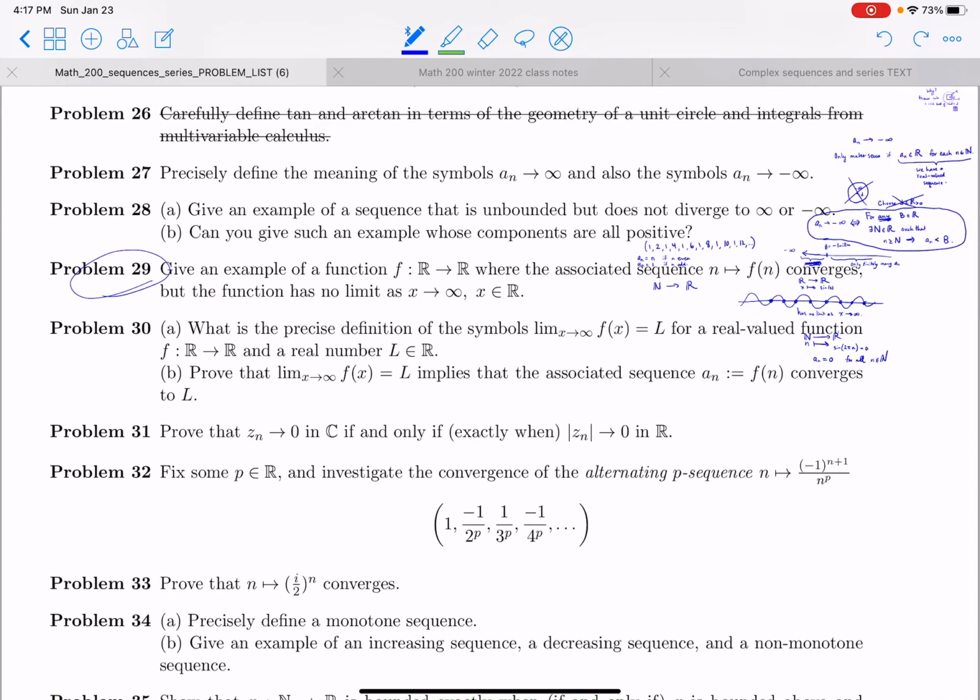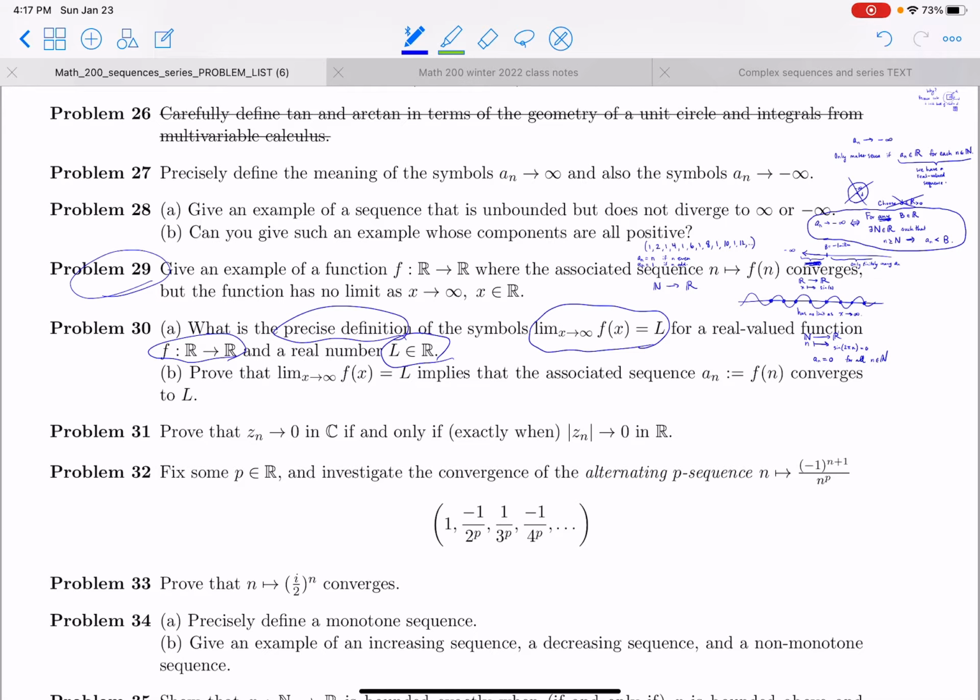Let's look at 30. What is the precise definition of the symbols limit of f(x) as x goes to infinity equals L for a real valued function like that and a real number L? Okay, so this is one of those things that you just need to find in our textbook and just memorize. Just think about it. I always say memorize, but what I mean is commit it to a story in your mind.